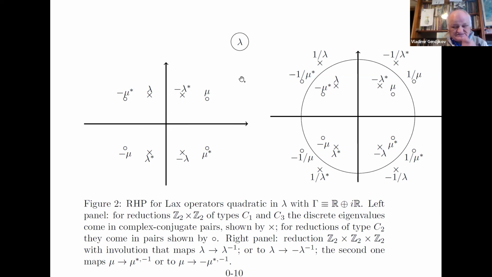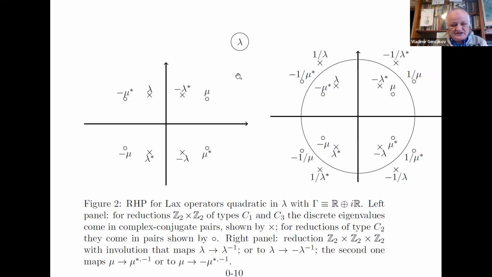The region plus, so to say, which was mentioned above, is the first and the third quadrants, where the imaginary part of lambda squared is positive. The region minus is the second and the fourth quadrants.